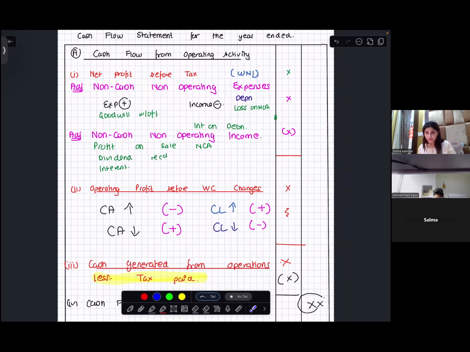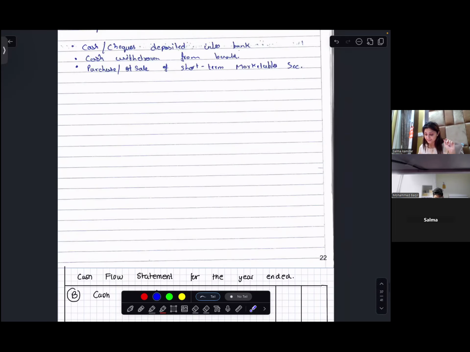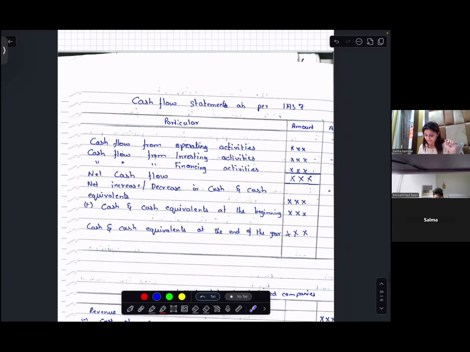What is WC changes? Working capital changes. In this, you will do your working capital changes, things related to current assets and current liabilities. We have five current assets.